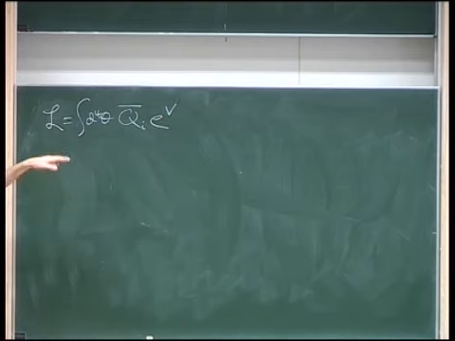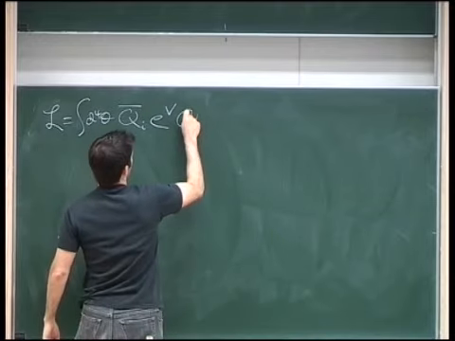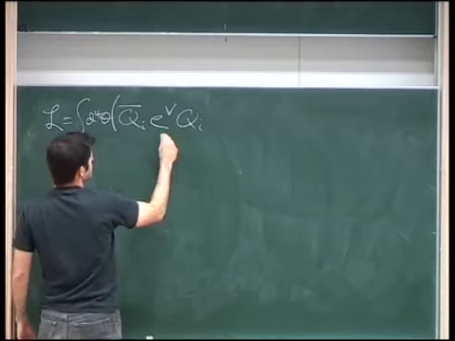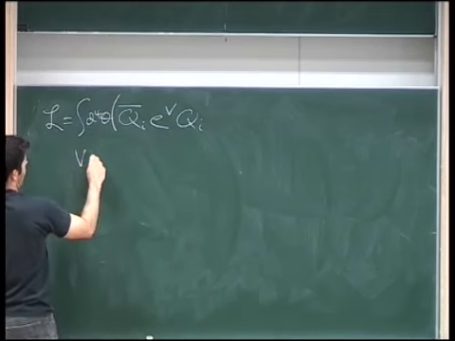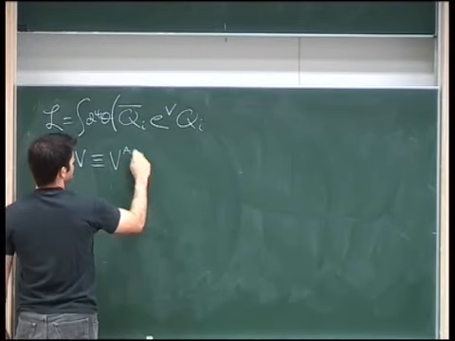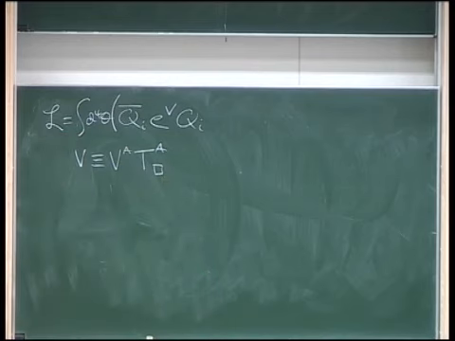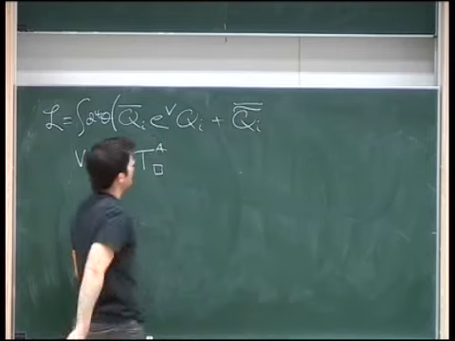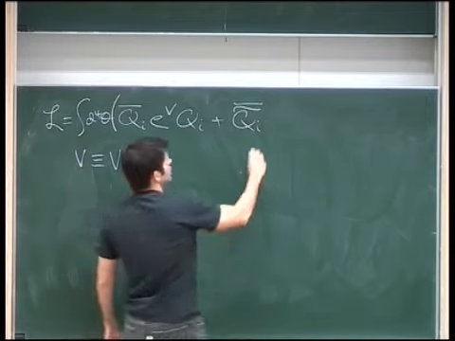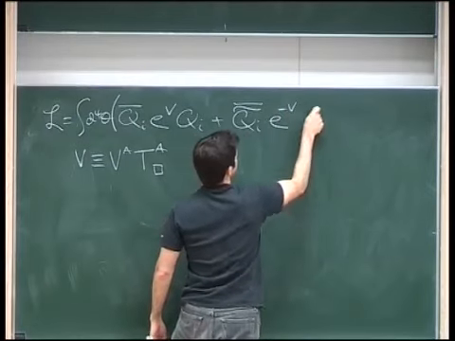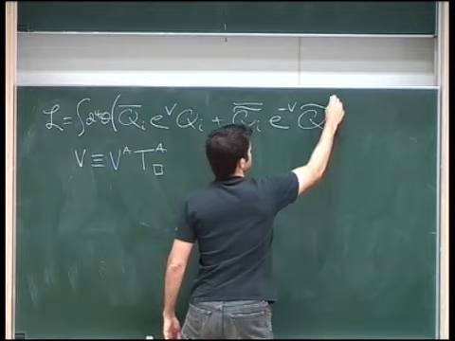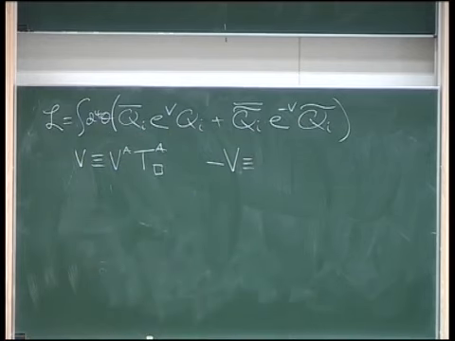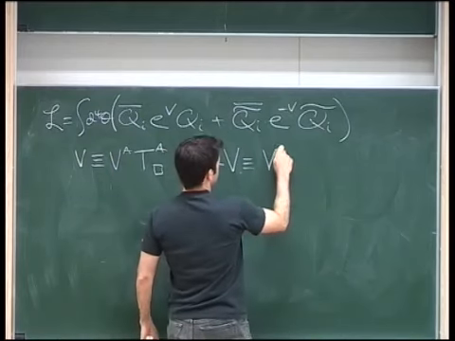I'm just going to use a shorthand notation, but hopefully it'll be clear what I mean. So this is in the fundamental. Really, this is some vector superfield times a generator in the fundamental. Plus I have my Q tildes, Q tilde bar. I could put a dagger there too, but it doesn't matter. And I will just schematically notate this as e to the minus V, where minus V is meant to indicate not minus V, but just the anti-fundamental.